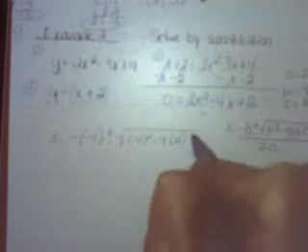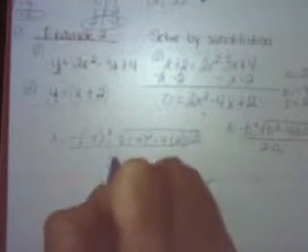Then we're just going to plug in. I'm going to have x equals negative negative 4 plus or minus the square root of negative 4 squared minus 4 times 2 times 2, all divided by 2 times 2.